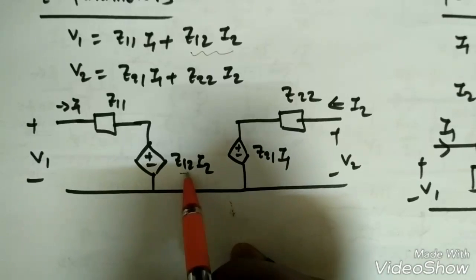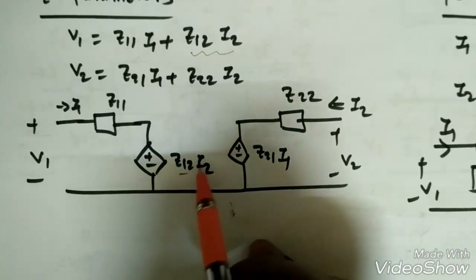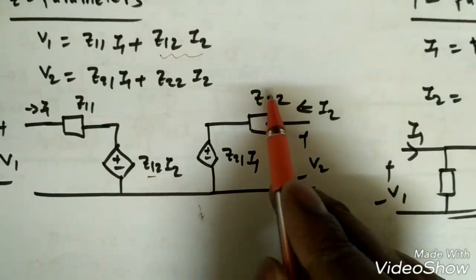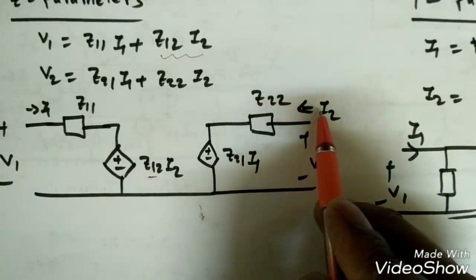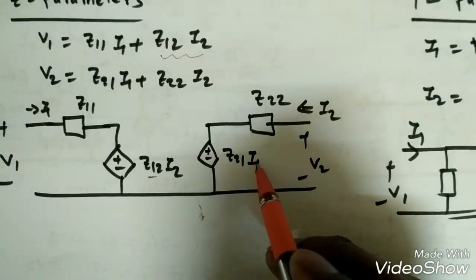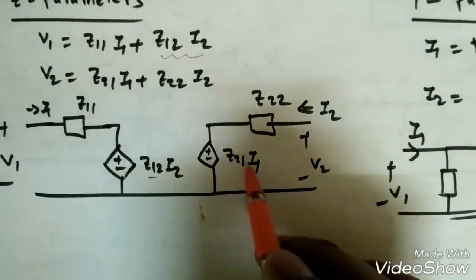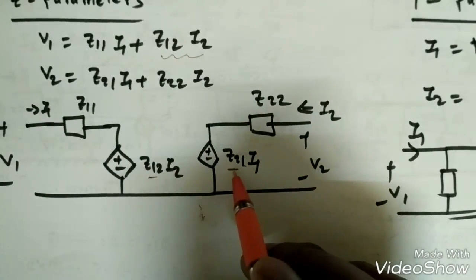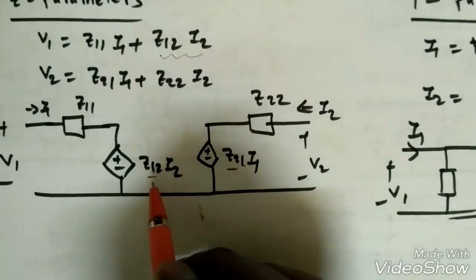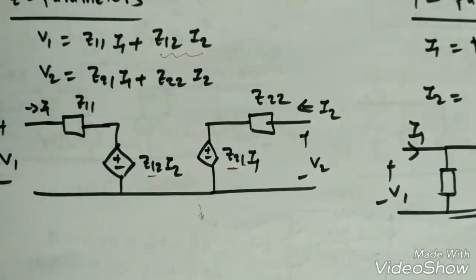So this is the reverse transmission impedance, that is from 2 to 1. Similarly, from the output side, there is the impedance Z22 which is multiplied with I2. Similarly, there is a dependent voltage source which depends on I1, that is from the input side, and this is the Z21 which is the forward transmission. This is the reverse one.